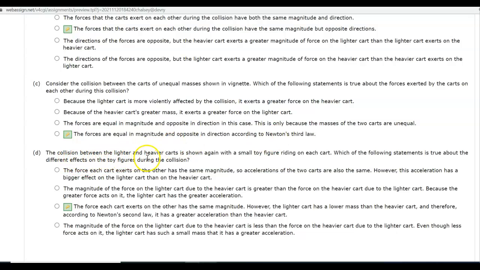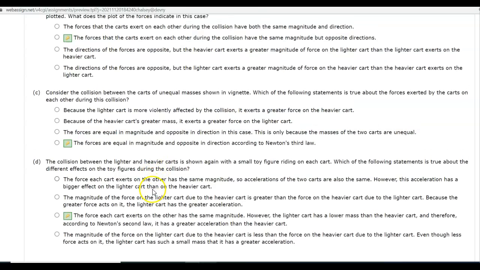The collision between the lighter and the heavier carts is shown again with the small toy figure riding in each cart. Which of the following statements is true about the different effects on the toy figure during the collision? Well, the force each cart exerts on the other has the same magnitude. However, the lighter cart has a lower mass and takes more of the acceleration away, and the heavier cart takes away less of the acceleration.